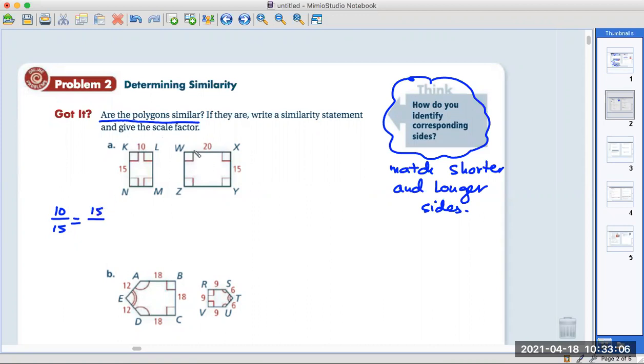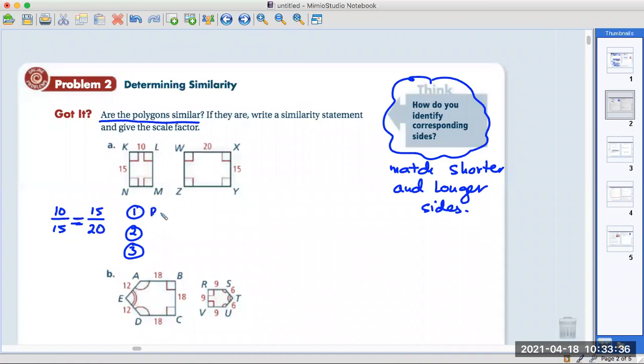Then I'm jumping to this one, the long side is 20. And I have to decide if this proportion has equal ratios. The ratios should be equal. So there's 3 ways to test that. I'm going to write down all 3 of them, and you can decide. This is not an extended ratio because you only got 2. So if you have 2 ratios, which is a normal proportion, there's 3 ways to test.